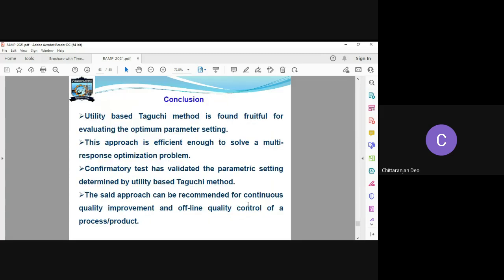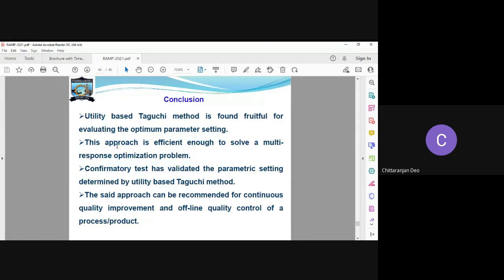To examine this, we have performed the confirmation test, and after the confirmation test, we are getting an error of about 8%. So that means the optimal setting at level A2, B3, C3, D2 is the best parameter level for this multi-response system.